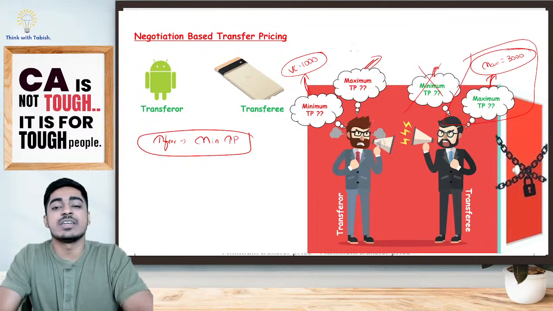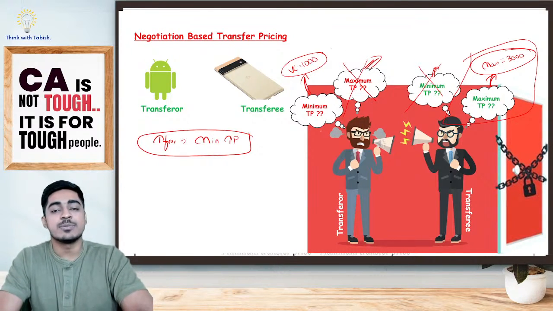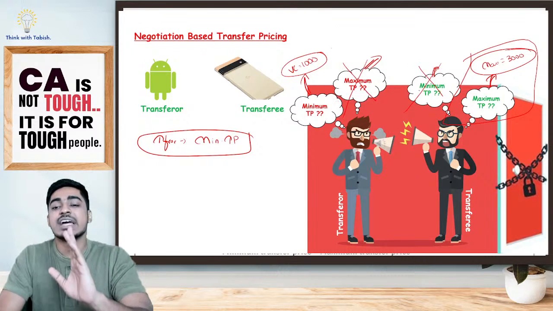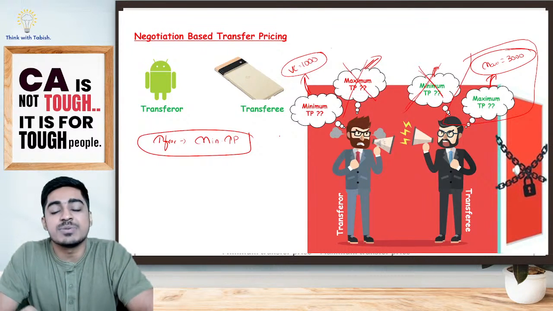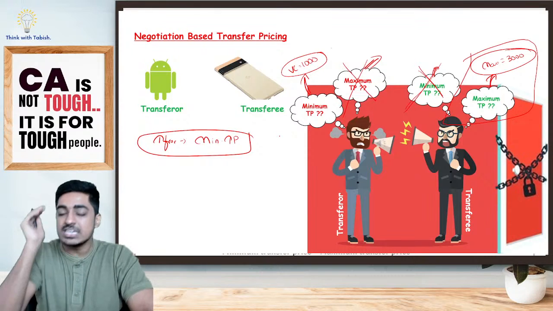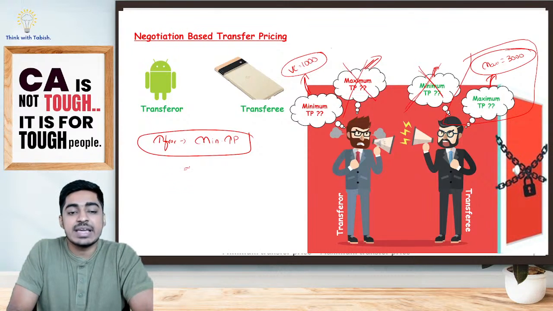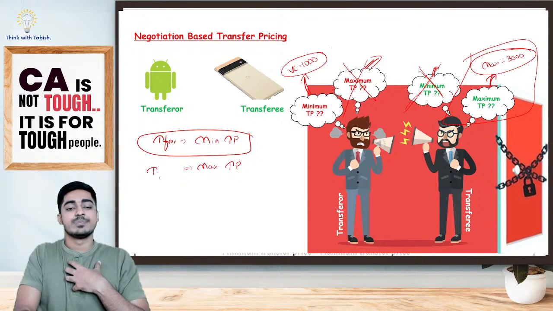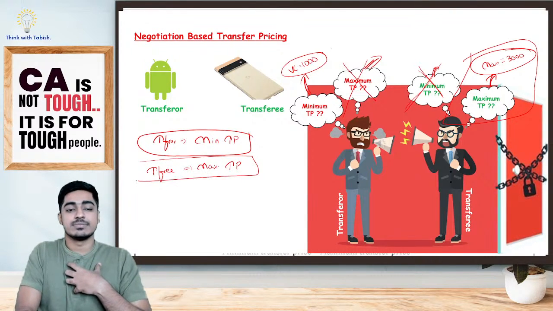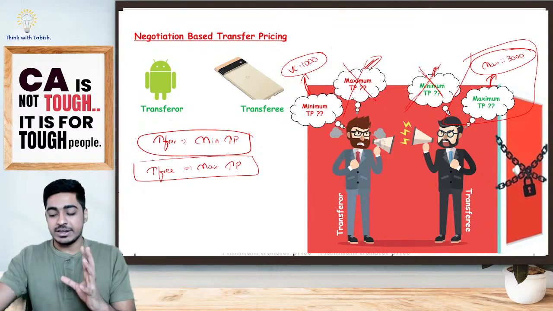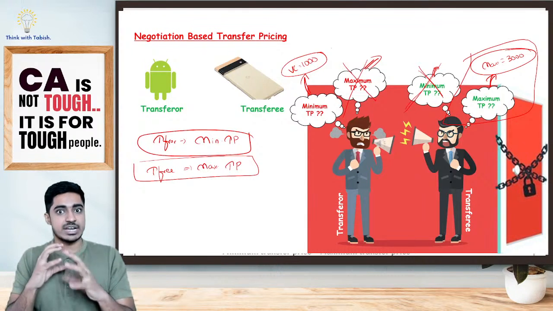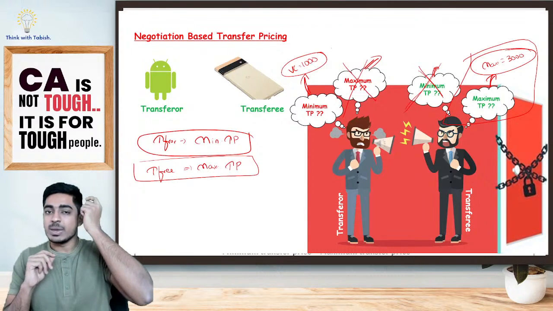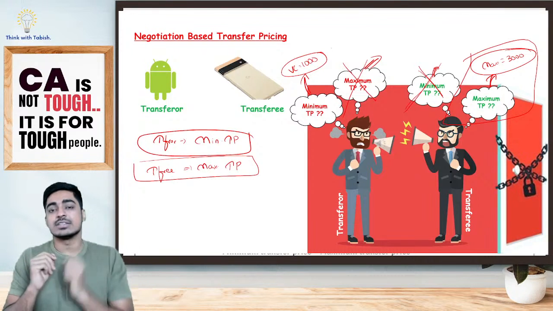So the transferor will not think about the maximum transfer price, that he will negotiate. The transferee will not think about the minimum transfer price, that he will negotiate. What does the transferee keep in mind? He keeps in mind the maximum transfer price. He tells how much maximum I can pay. So while entering a negotiation, the transferor keeps in his mind, my variable cost is 1,000, I need to at least get 1,000.